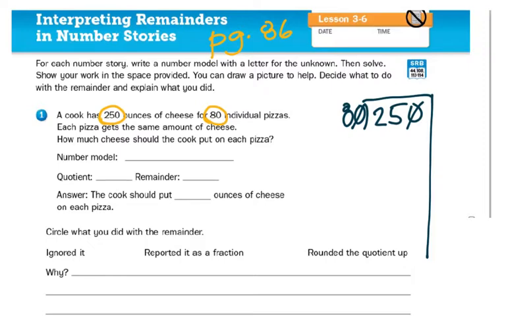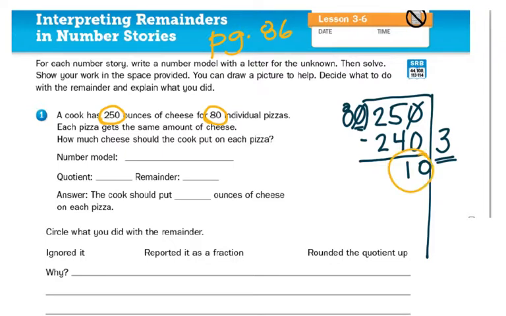Well, 8 times 3 would be 24, so let's try 3 times. 8 times 3 would be 240 with that 0 popped on there. Now, I only have 10 ounces left and 80 individual pizzas. So I can only put 3 ounces and I have 10 ounces left.